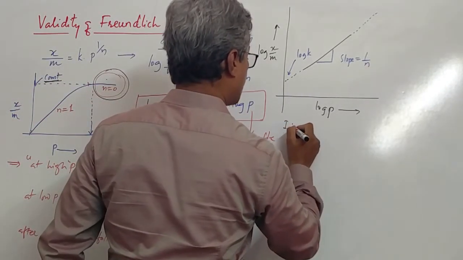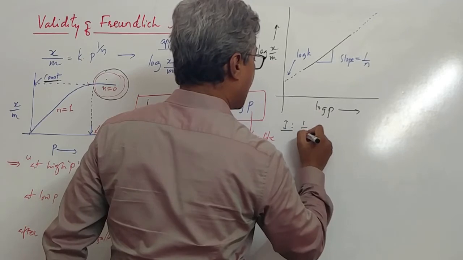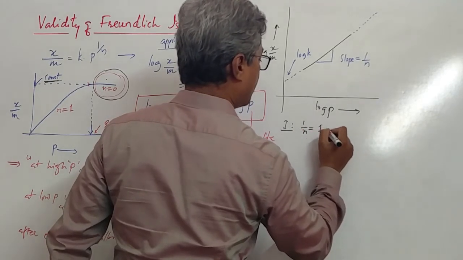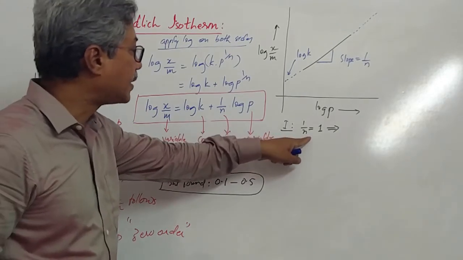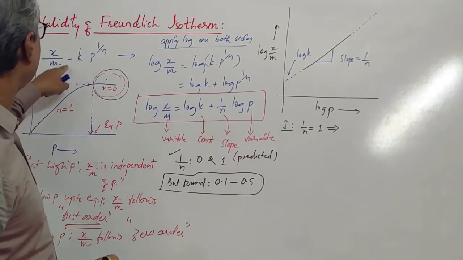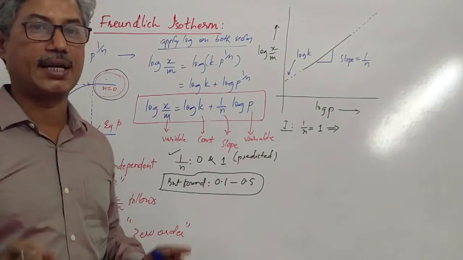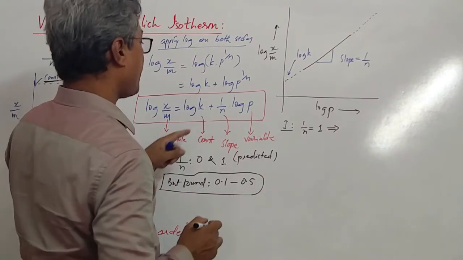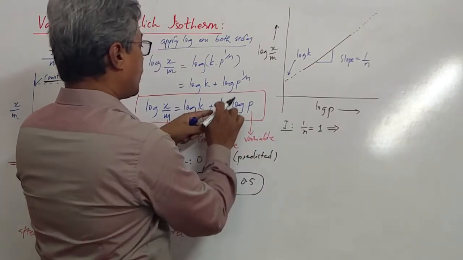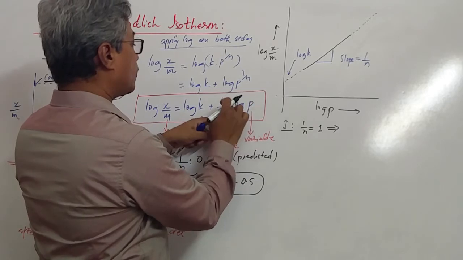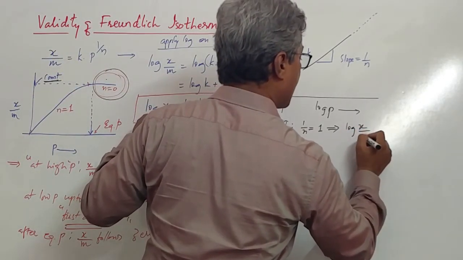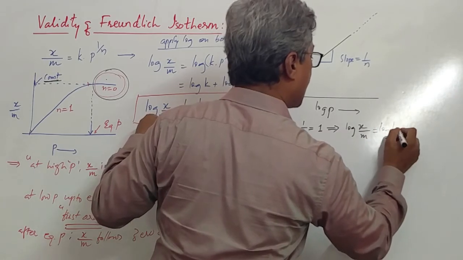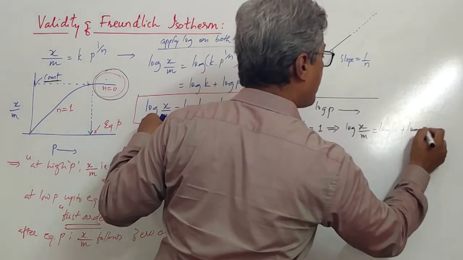Let's go for the first case, when 1 by n is 1. This implies that, see students, either you put this condition in this equation or in this equation, it makes no difference, you will get the same conclusion. Let us use this equation. When 1 by n is 1, it means log p into 1. This means that log of x by m is equal to log of k plus log of p.